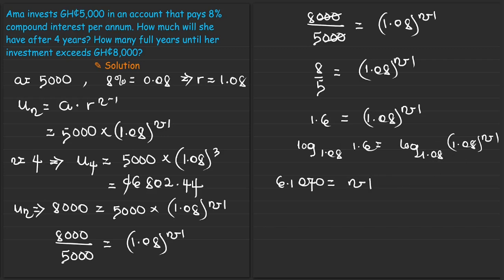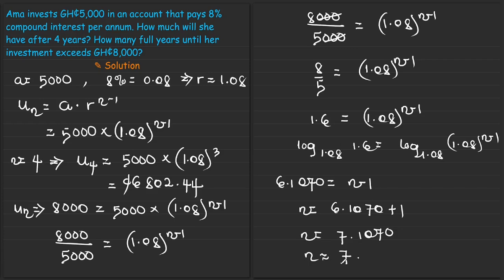You know, the log of a number to the same base gives us 1. Making N the subject, we have our N equal to 6.1070 plus 1. And this would give us 7.1070. Since we are talking of years, then we are just going to approximate that to 7. And that is all.